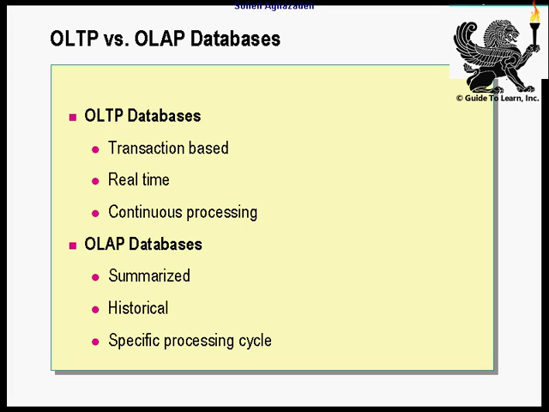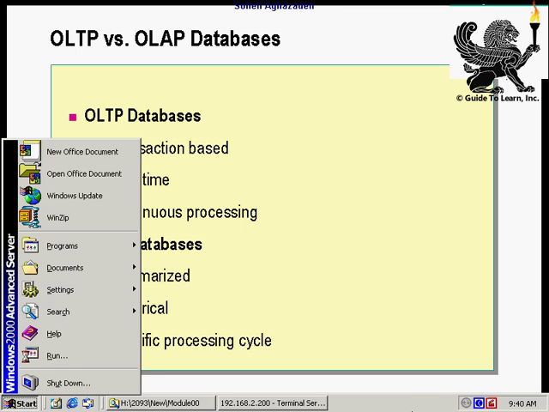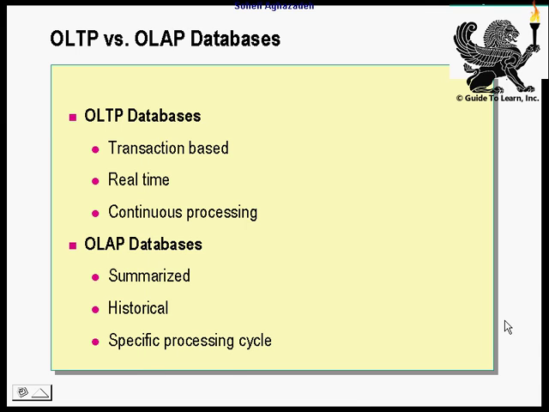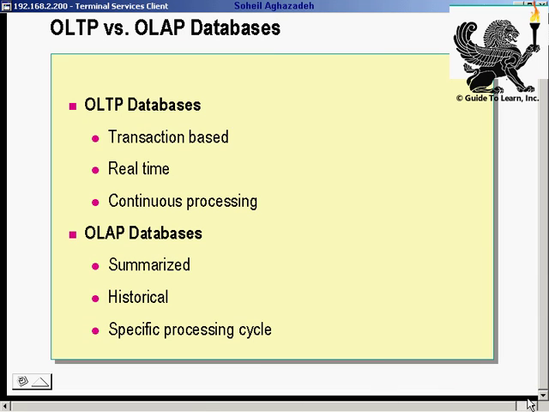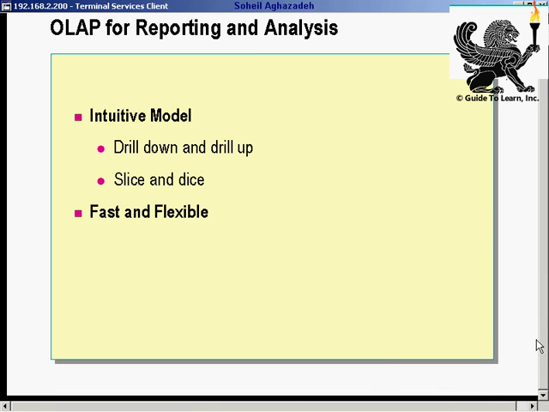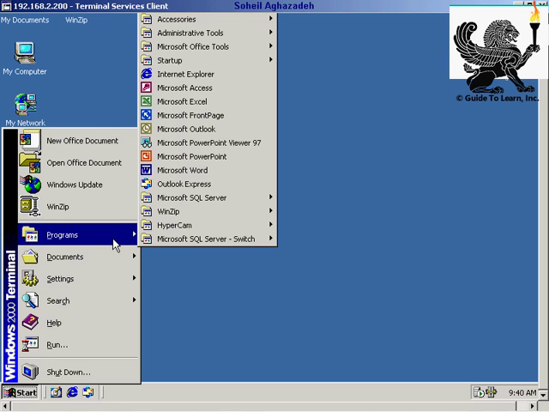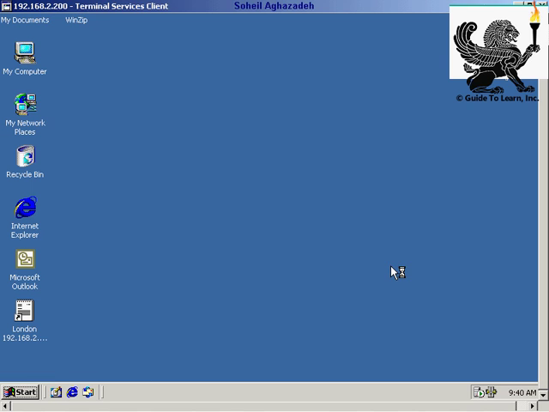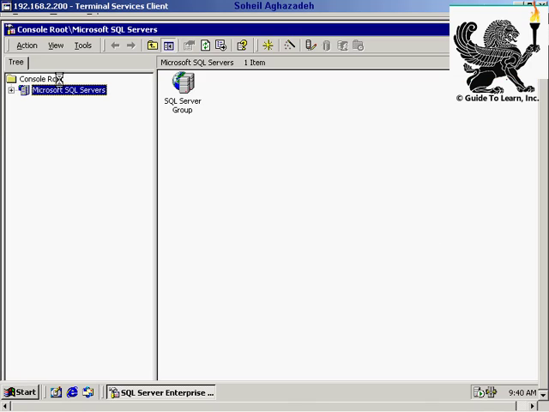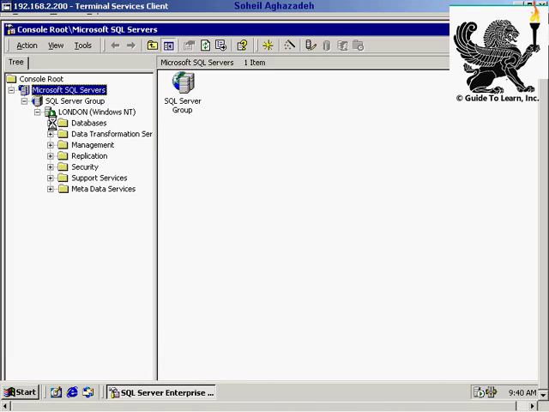For example, if you switch back to SQL Server here for a second, and I open up Enterprise Manager, let's take a look at the Northwind database as an example. As you see here, just because of the database schema, you find lots of tables in that database that have complicated relationships with each other.